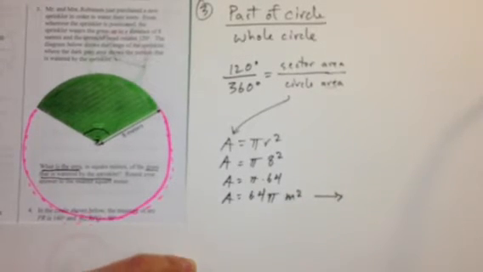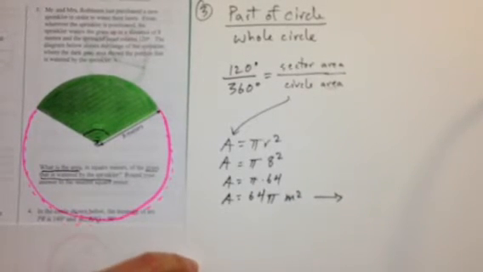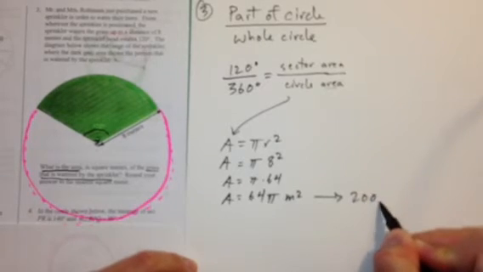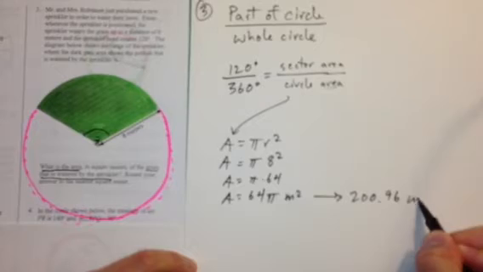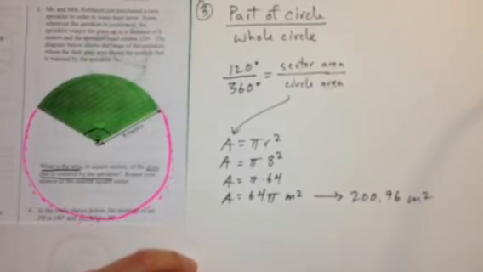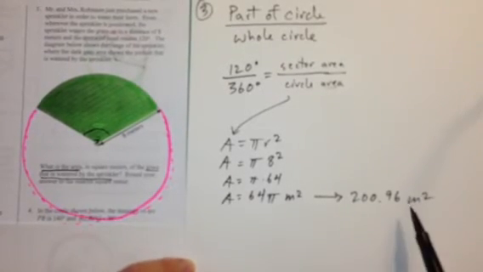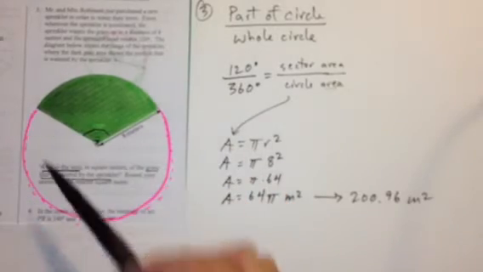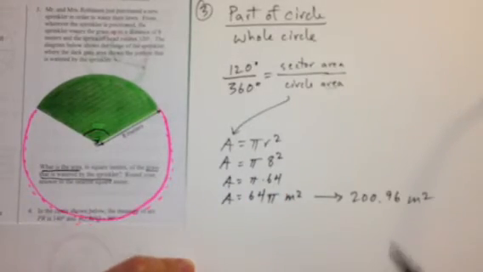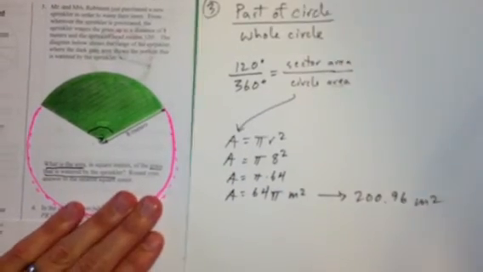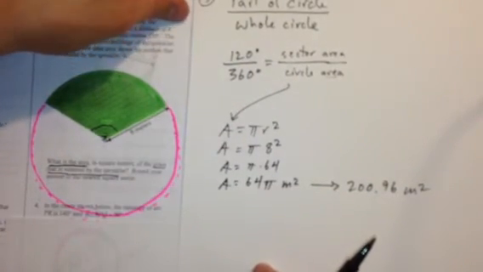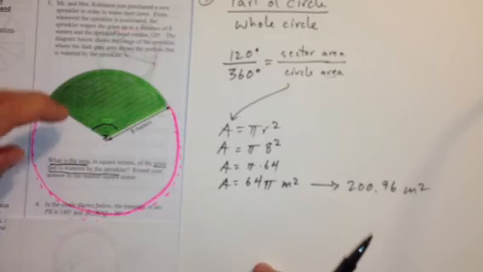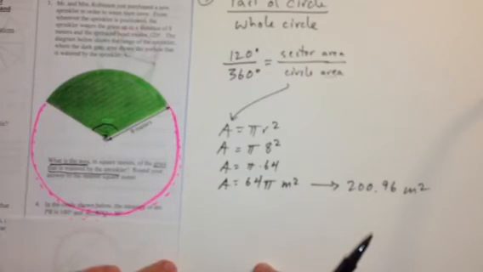Or as a decimal, 64 times pi equals 200.96 square meters. That is the area of the entire circle. Some of you put 200 as the answer to this problem on the spring interim. But that's not what we're looking for. We're just looking for the green sector, the area that the water reaches.